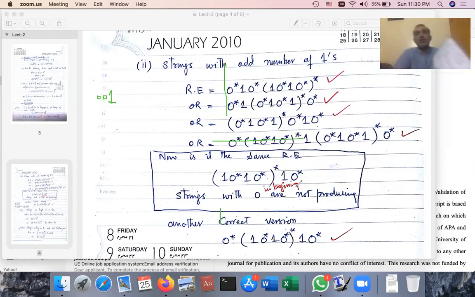Let's have a look on the board. I can write the regular expression on the board first, and then I will discuss this with you in a close-up.